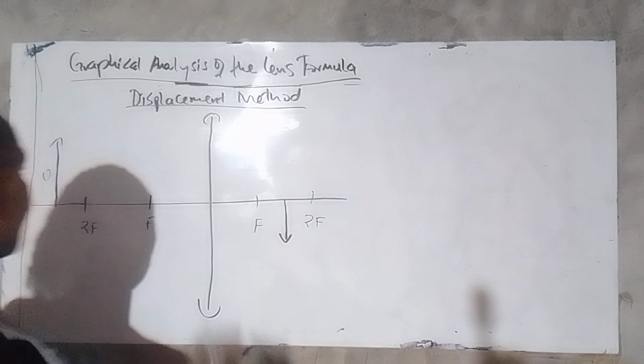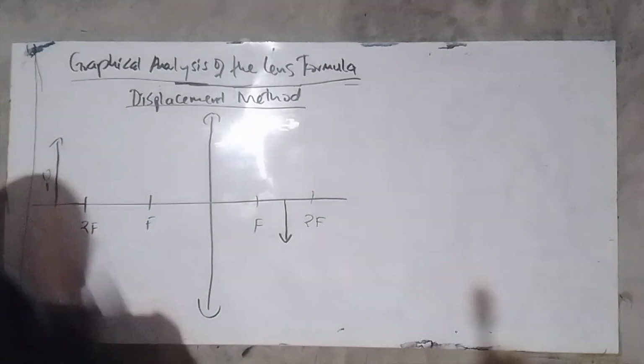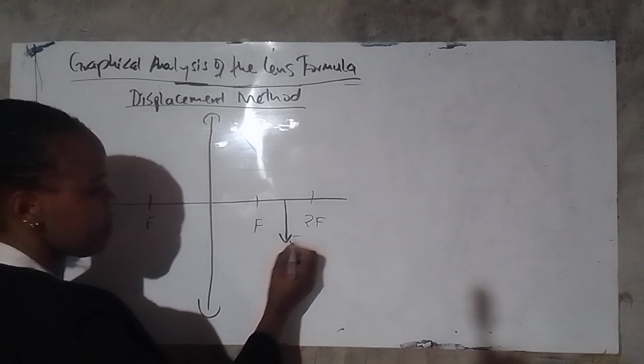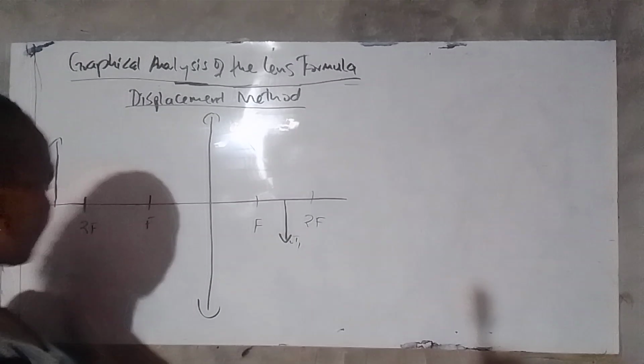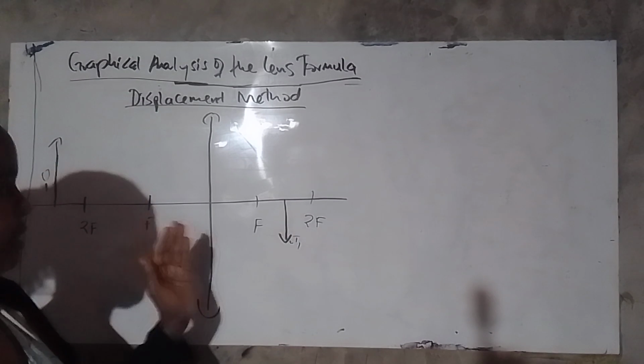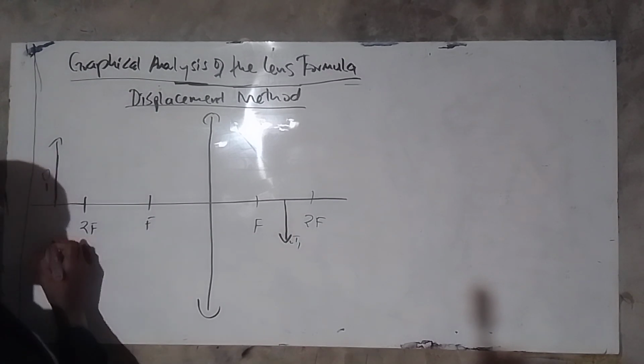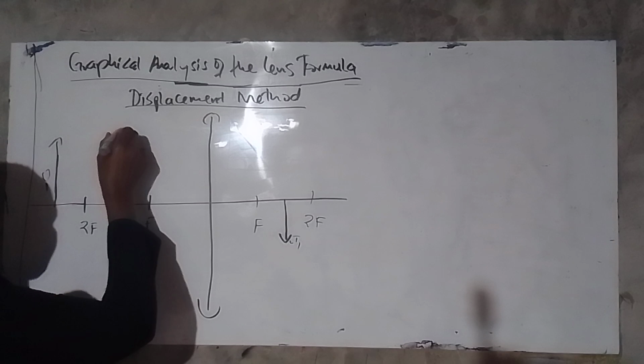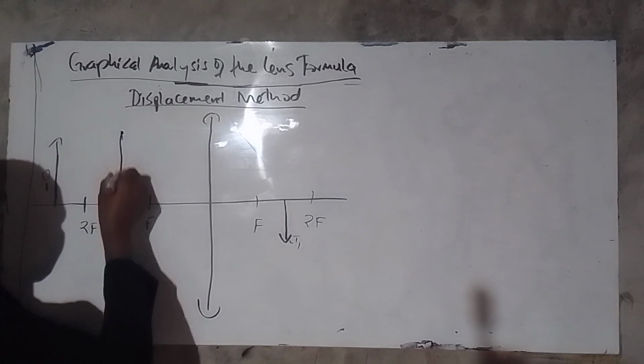Okay? So if I call this object 1, and that image 1, then if I move the object closer to the lens so that it falls between 2F and F, the same object, same height. So we are using the same object.